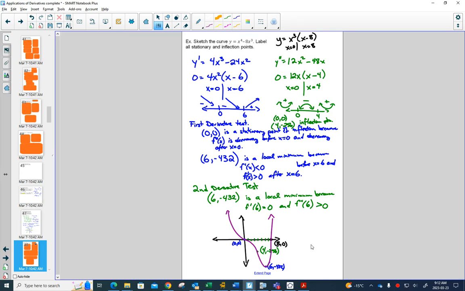Get to zoom in 15 times. But it's on the video, so if you wanted to try it on your own, you could. And I explicitly wrote out in this one the first derivative test and the second derivative test. So again, showing the two reasons for, oh, I have to add.